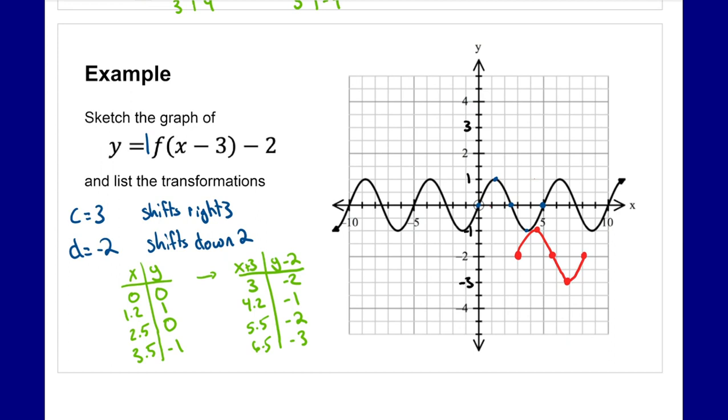We can then apply the transformations directly to the coordinates, or we can apply the transformations to the coordinates on our graph by multiplying first by the a value and then shifting left or right and then up or down depending on what our c and d values are. So whichever way you prefer, whether you're using the table of values first and applying those coordinates, or by making those transformations directly on the graph, either way works, provided you do get the right answer.